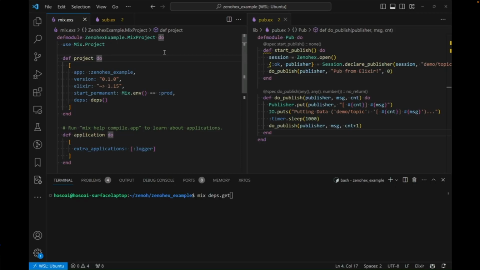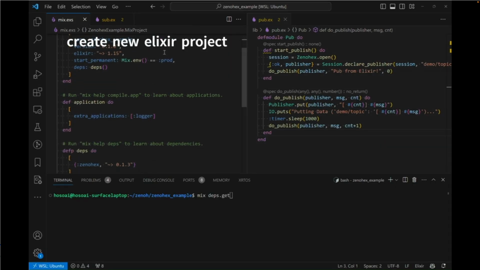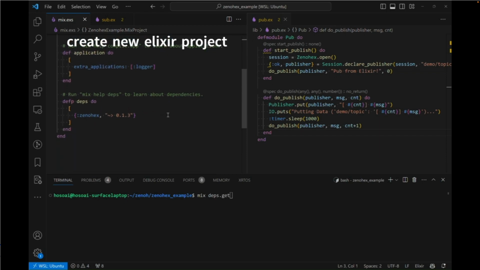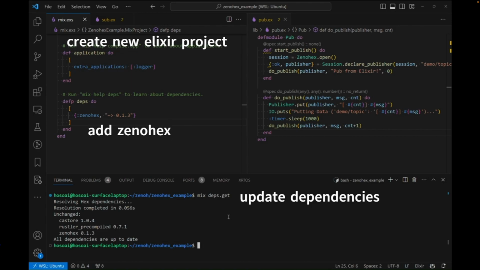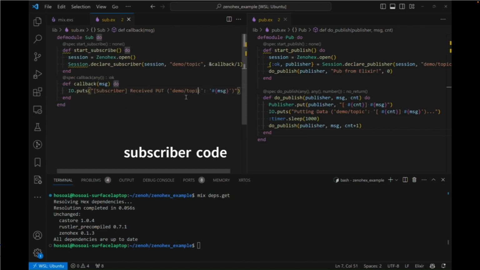Now, it's demonstration time for Zenoh EX. Create a new Elixir project and add the Zenoh EX library to it. The left side is the subscriber code.